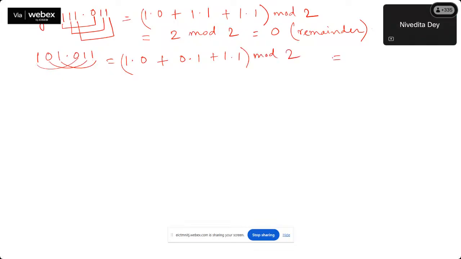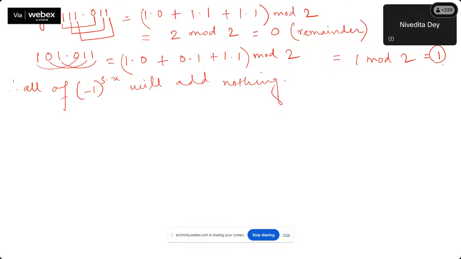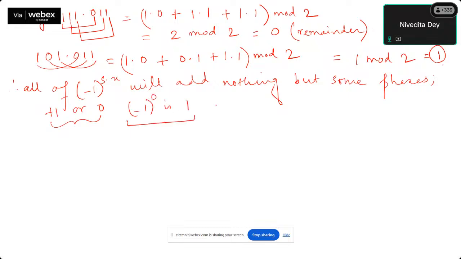So this will be, I guess, 1 mod 2. So this is 1. So you can understand one thing, that all these factors, minus 1 to the power s dot x, will add nothing but some phases. Either the exponent is 0 or 1, and minus 1 to the power 0 is 1, and minus 1 to the power 1 is minus 1.